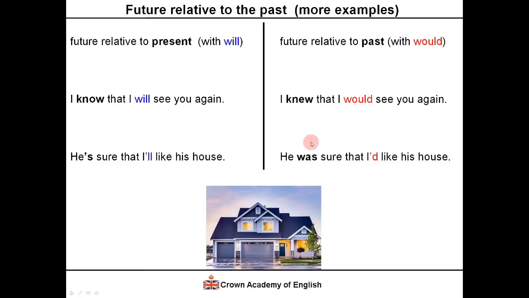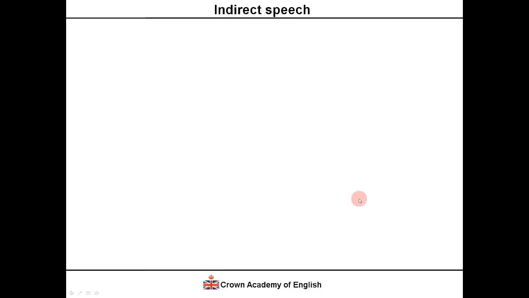So was is the past form of the verb to be, and I'd is the contracted form of would. I'd like his house. So this is a future action or future state relative to an older past action or an older past state. Okay? Indirect speech.